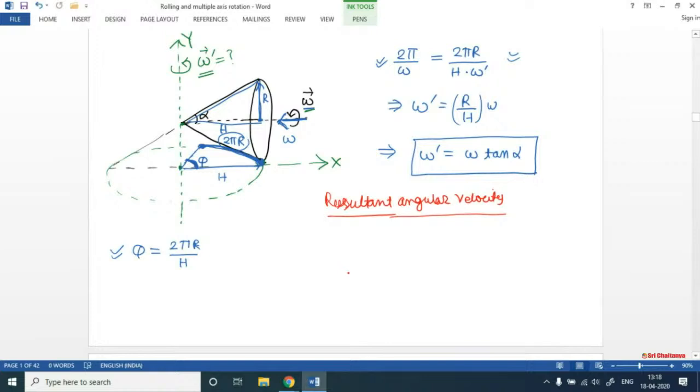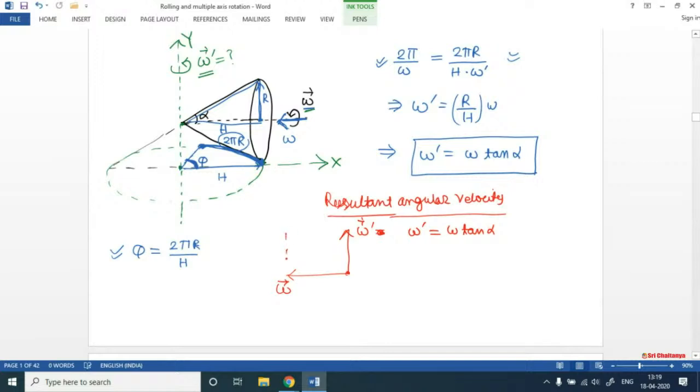So as we have seen at this instant, over here we have omega in this direction and omega dash in this direction, and the magnitude of omega dash is equal to omega tan alpha, which we have already got.